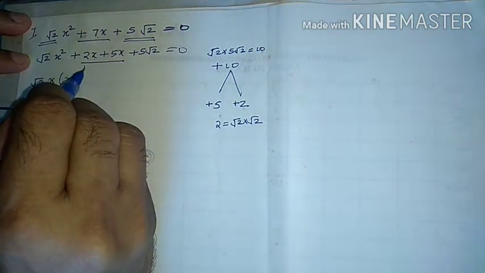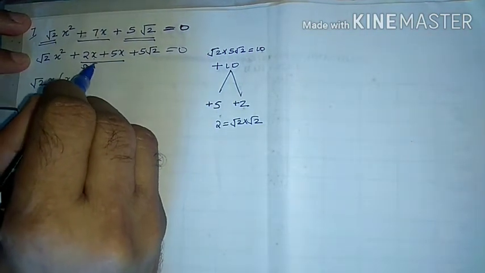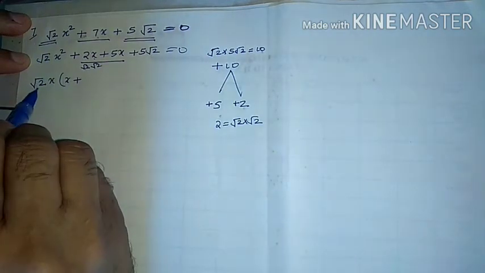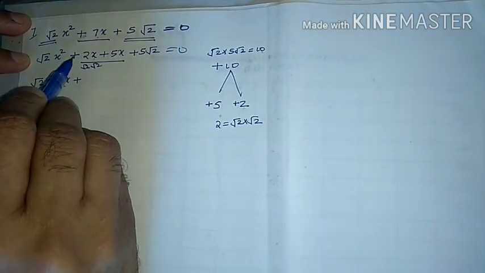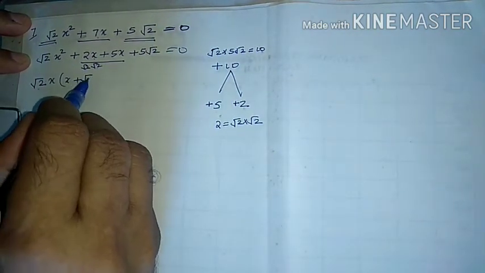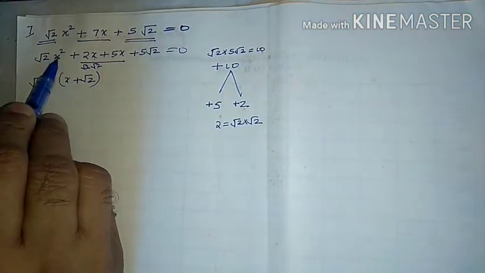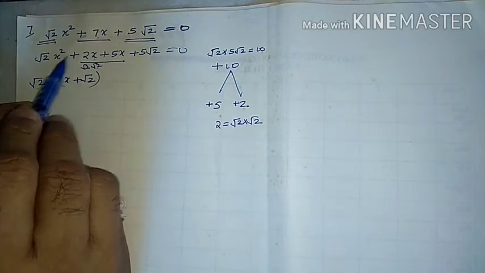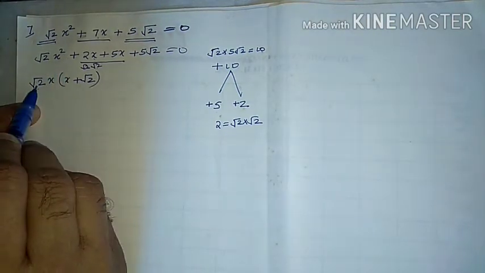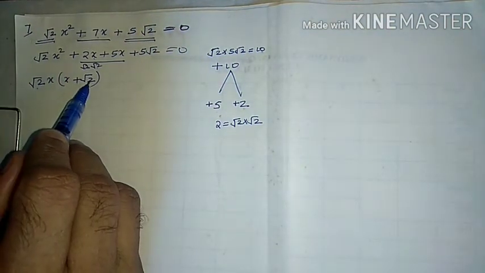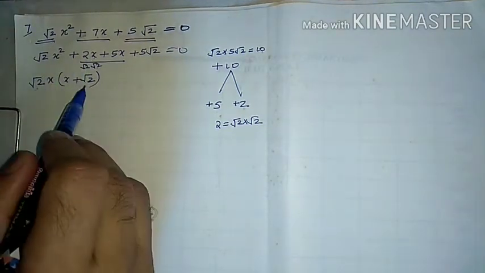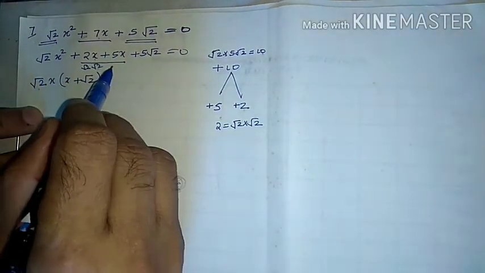So root 2 x into x plus the other root 2. Check: root 2x into x is root 2 x square, plus into plus is plus, root 2 into root 2 is 2, that 2 into x is 2x. Correct.